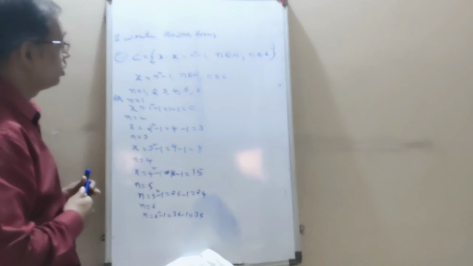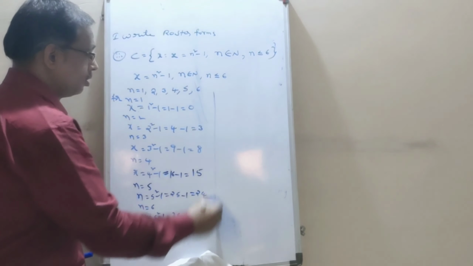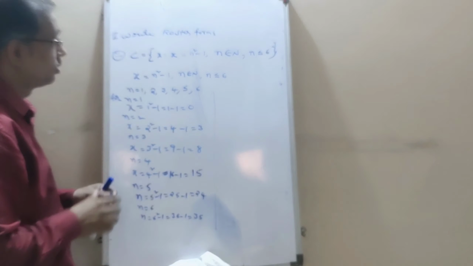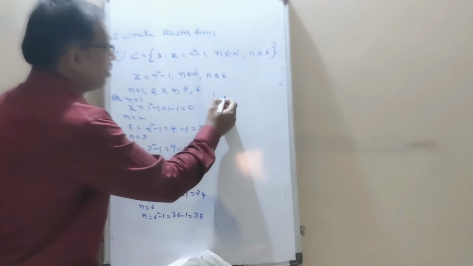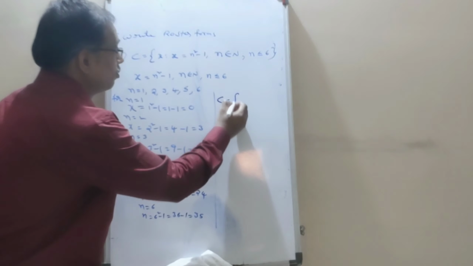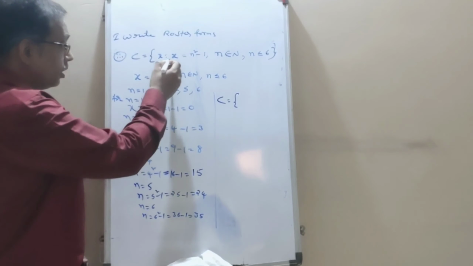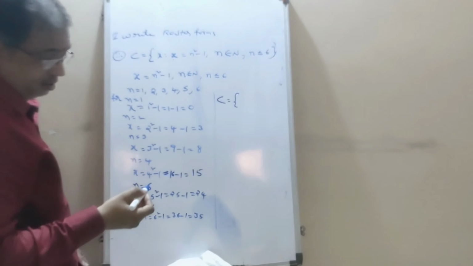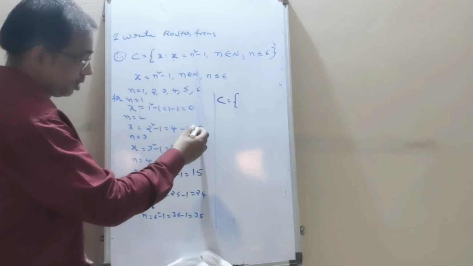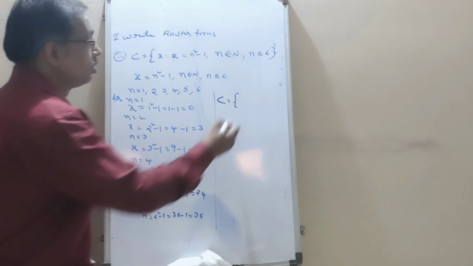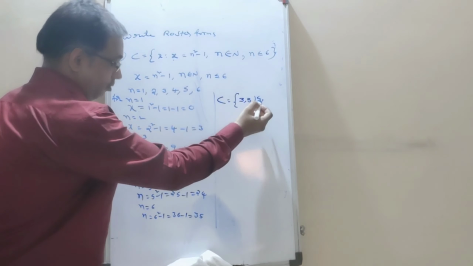Now the roster form of this one is, simply we can write it as set C is equal to, actually 0 does not belong to N, but here x is equal to n square minus 1, so that's when we need to write the 0. Here start with 3, 8, 15, 24 and 35.